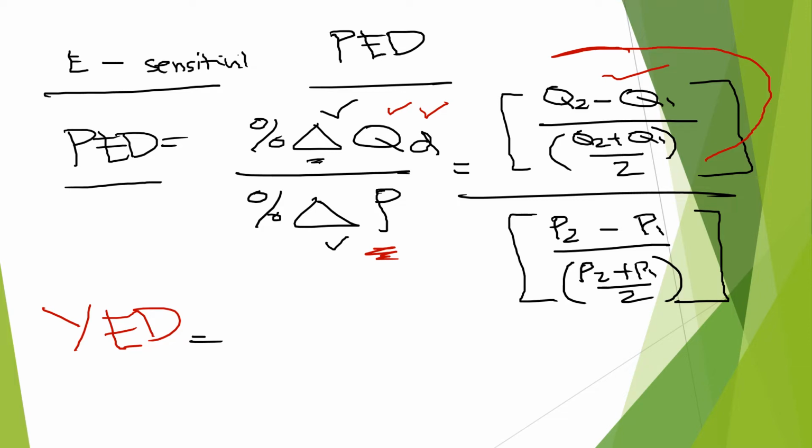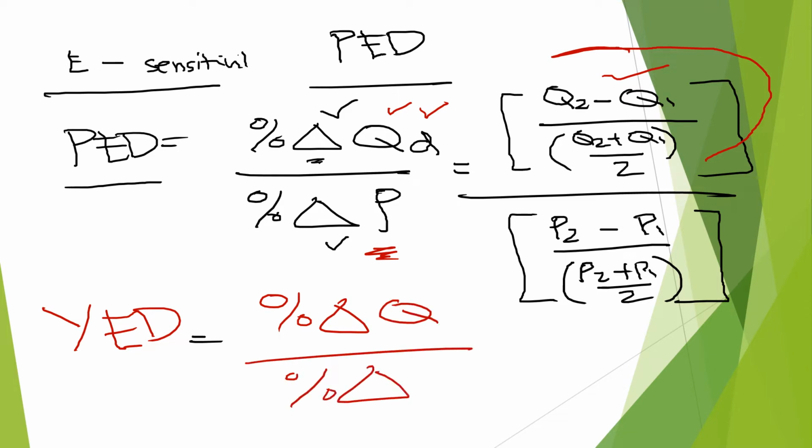However, at the bottom part, it will be percentage change in Q over the percentage change in Y, or the income. So instead of P2 minus P1, it will be new income, Y2, minus the old income, and then divide it by the average of the new and the old income.